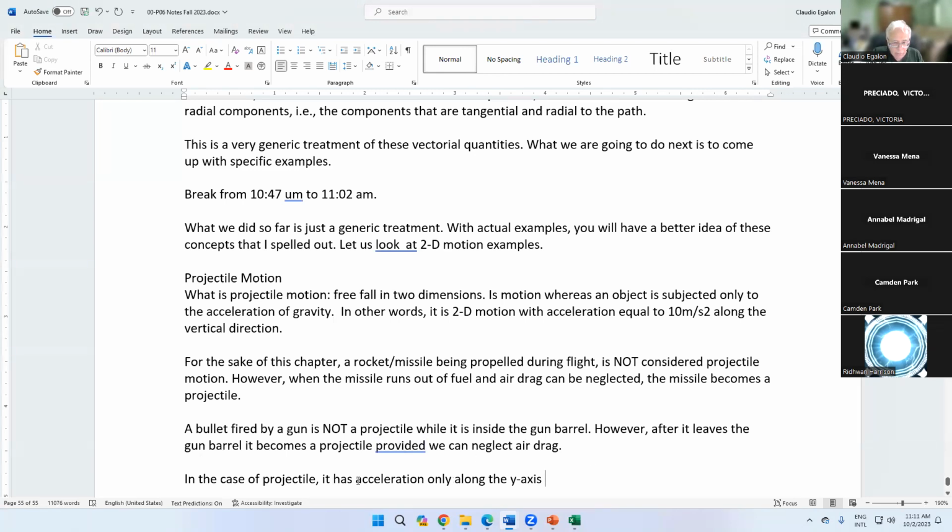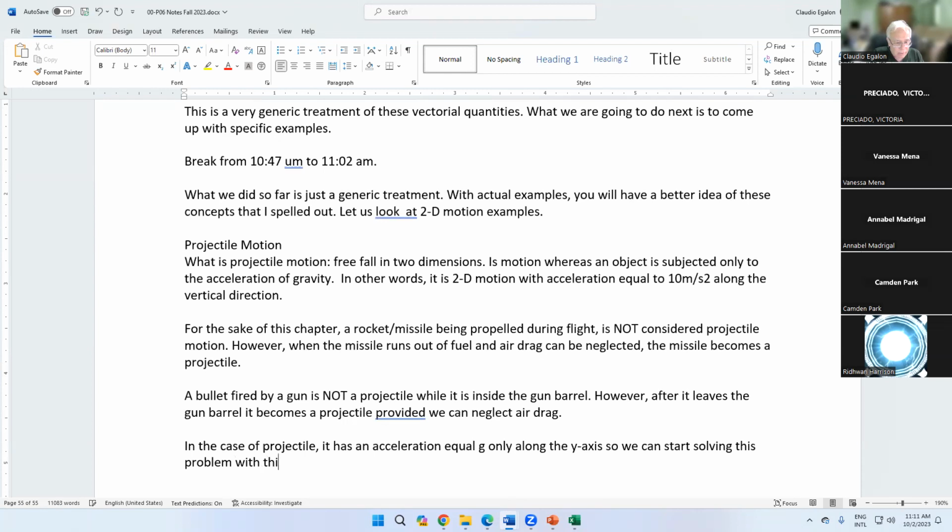It has an acceleration equal to g. I'm not gonna say 10 meters per second squared, I'm gonna say g, only along the y-axis. So we can start solving this problem with this information.